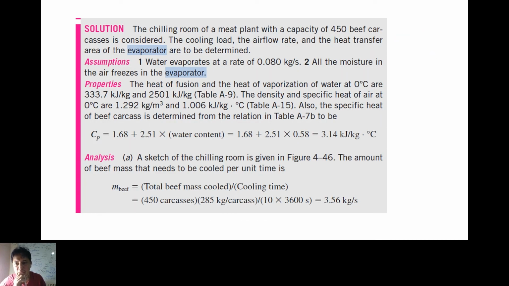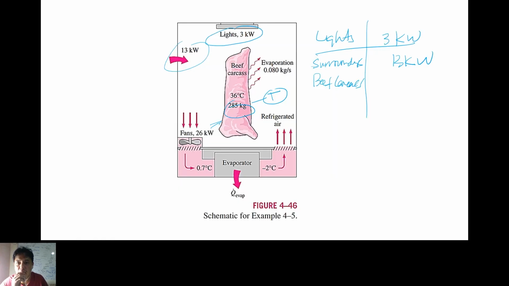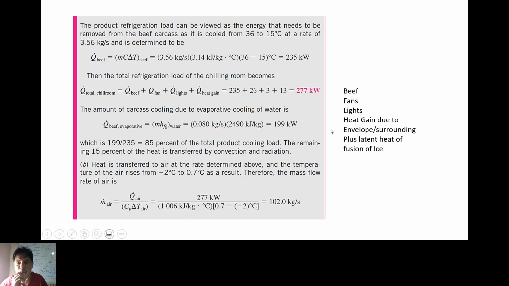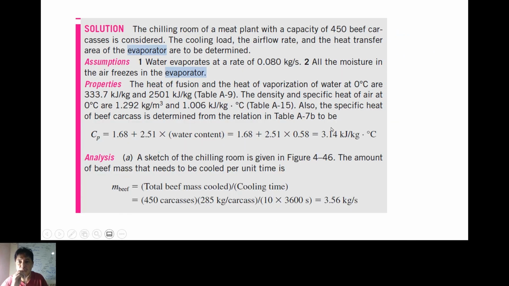First, we consider the specific heat. It was already calculated here, adjusted: 1.68 times 2.51. The 2.51 is the specific heat of water. The water content was also included.